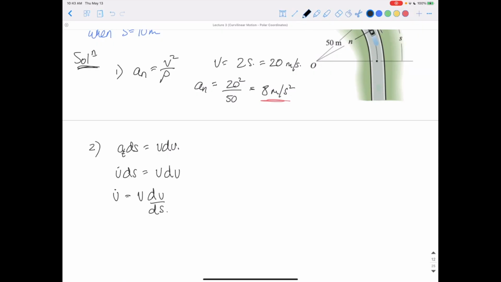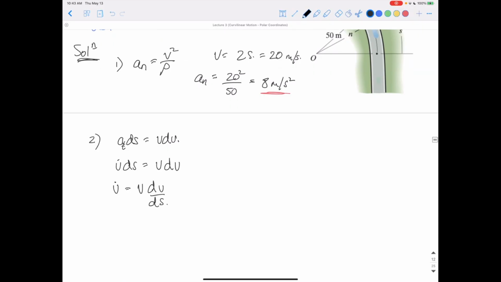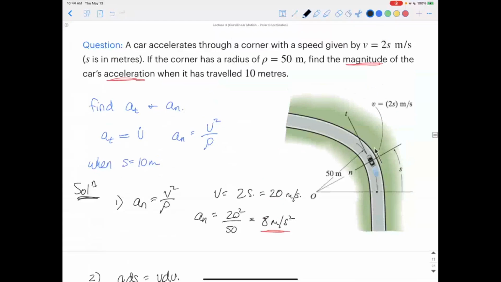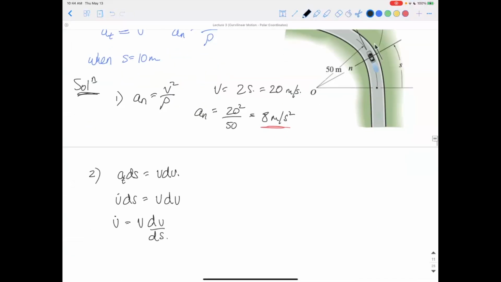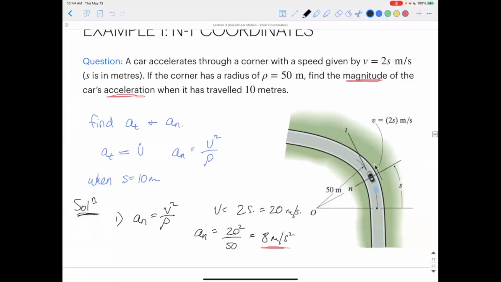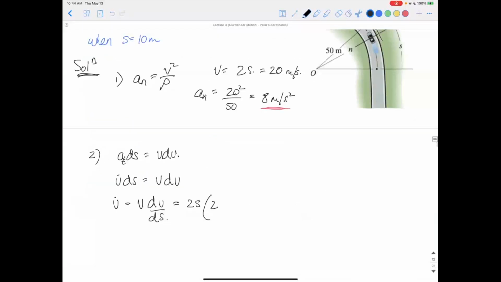All right. So we have an equation for v. We know that v is a function of s, so we can calculate dv ds. And we'll end up with v, which is equal to 2s, times the derivative dv ds, which is just equal to 2. So we end up with our equation for v dot is equal to 4s.